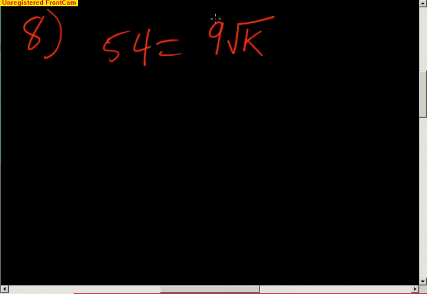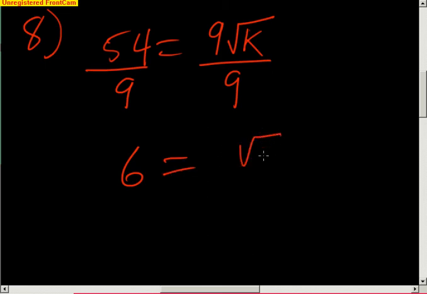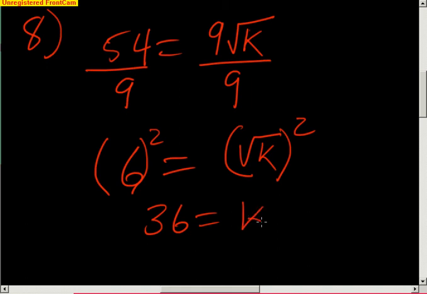What's happening to the k? Well, the square root of k is being multiplied by 9, so I'm going to undo using division. 6 equals square root of k, and then I'm just going to square both sides. 36 equals k. And that is my final answer.